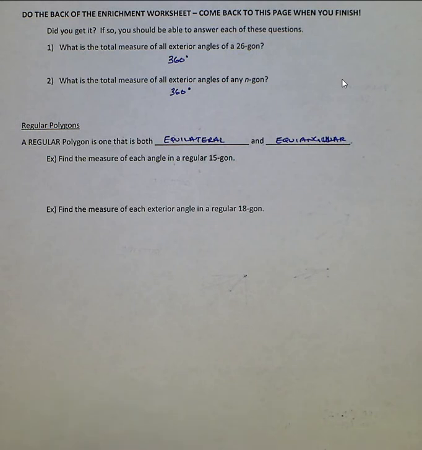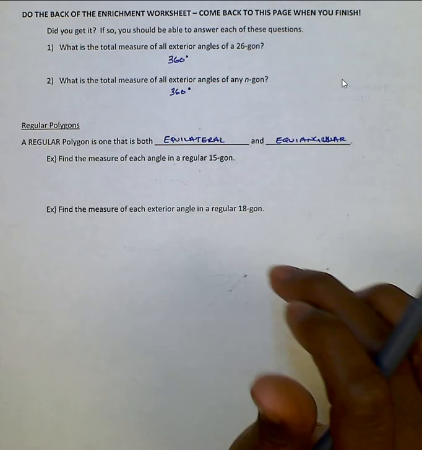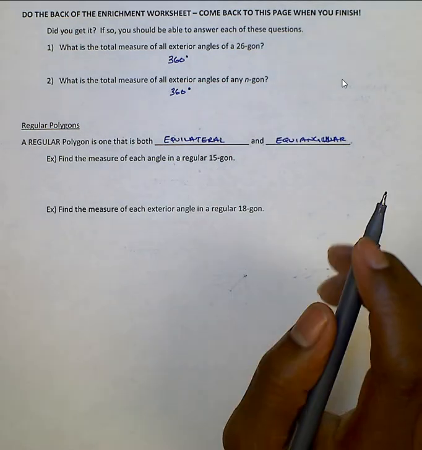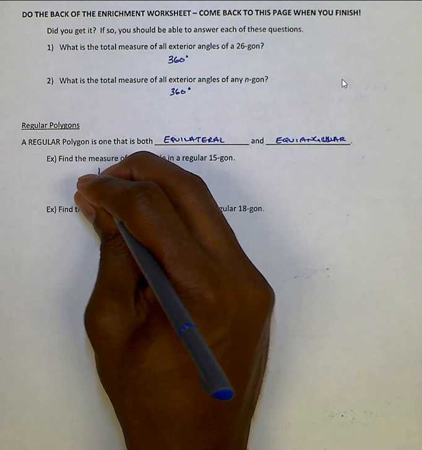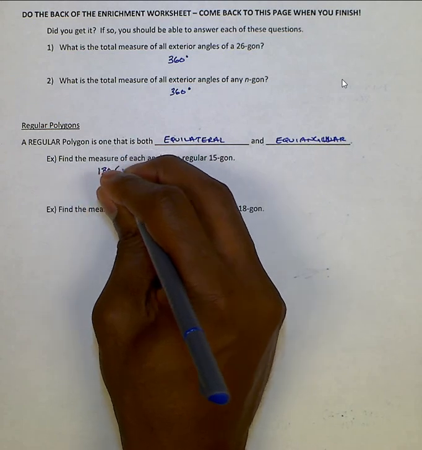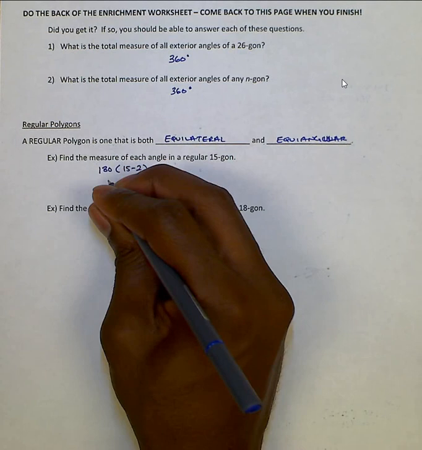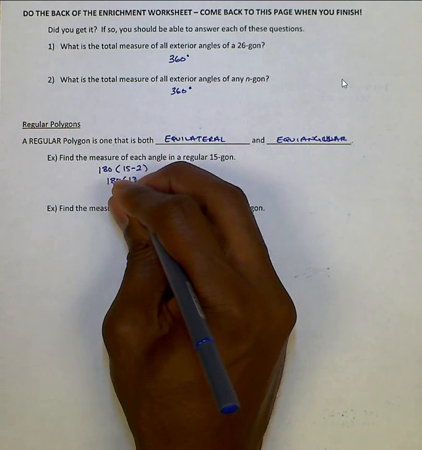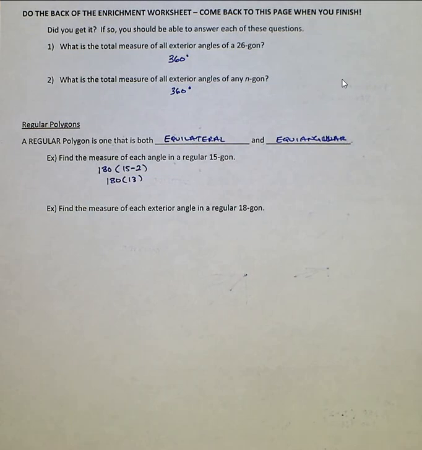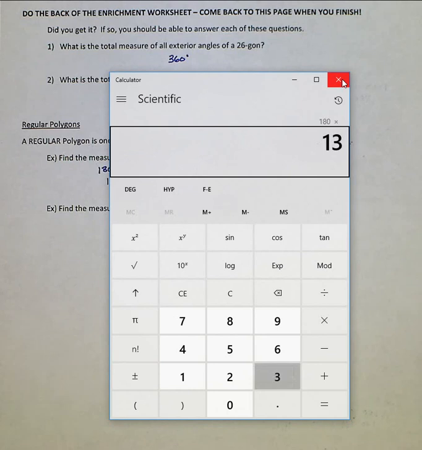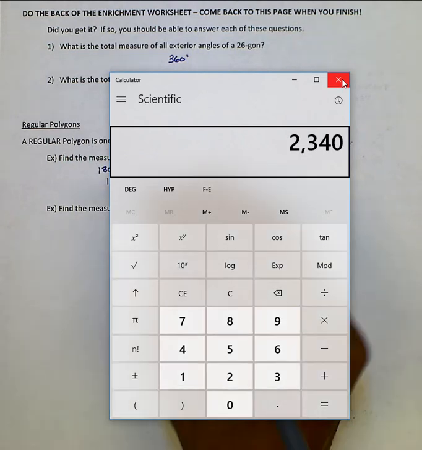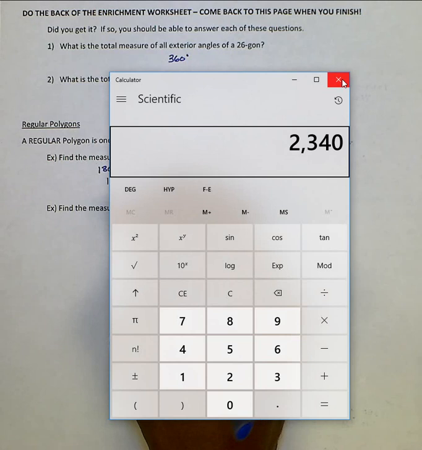It says find the measure of each angle in a regular 15-gon. So here's how we'll do this. First, we need to know what the total angle sum is for a 15-gon. So we'll use our polygon angle sum theorem, 180 times 15 minus 2, or 180 times 13, which gives us 2,340. That's the total of all of it.